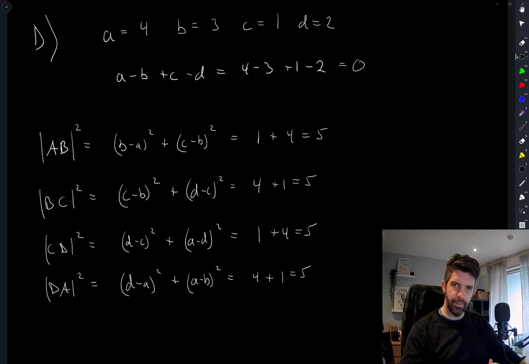Interesting. I'm not sure why this works.